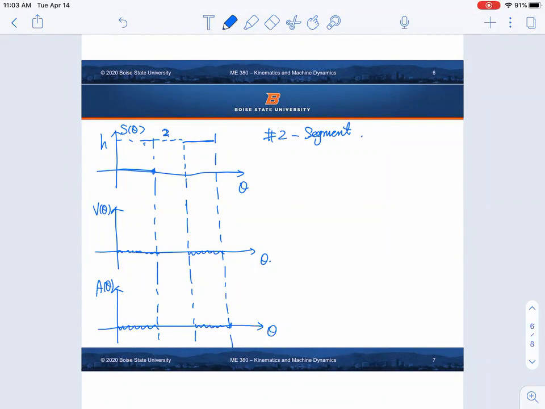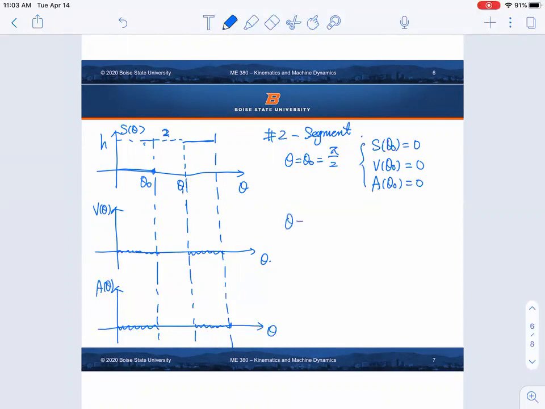In this case, we know the boundary conditions of your S2. You have theta equal to theta naught, that's theta 1, equal to half pi, where S(theta naught) equals 0, V(theta naught) equals 0, A(theta naught) equals 0. Those are the boundary conditions you have for theta naught.